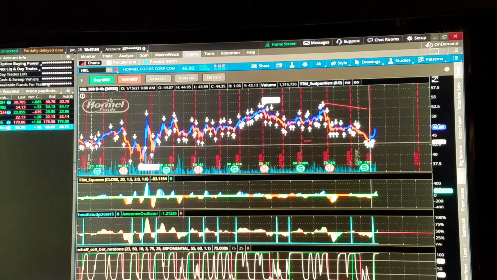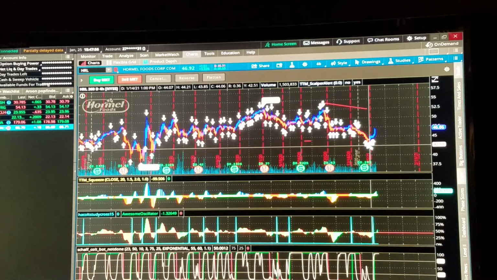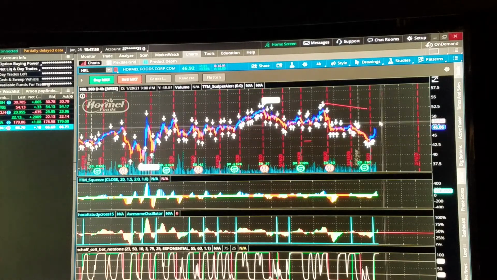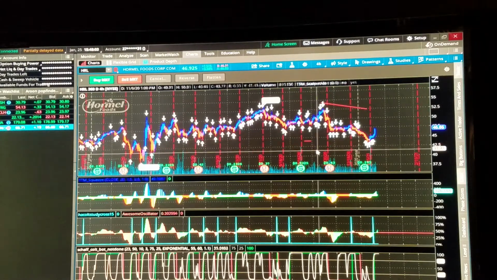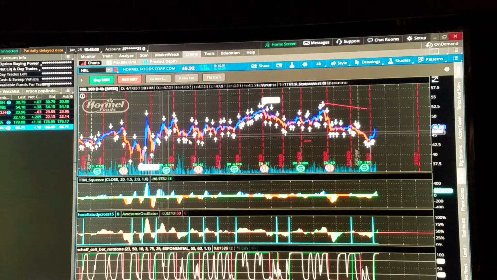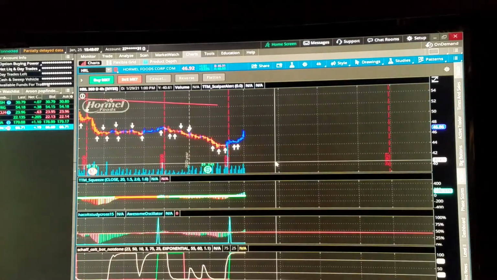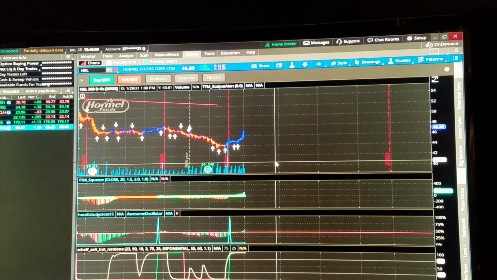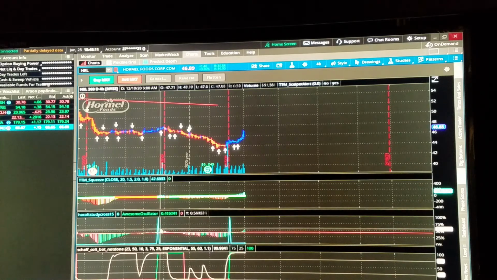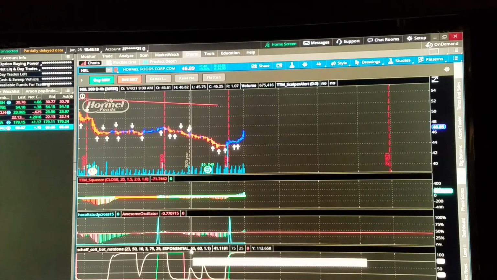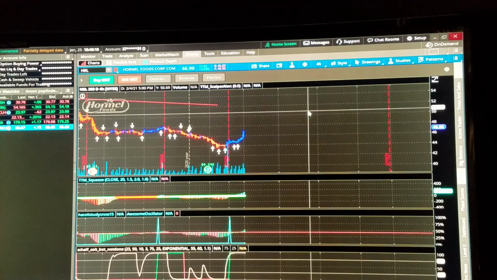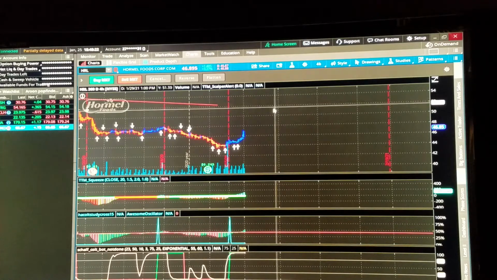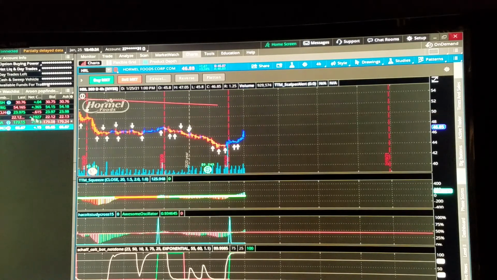Let's call 42.50 about the zero line, and she's a bit overextended. It pulled up quick, so it's probably going to pull back quick. See, this gave that false breakout, and then it pulled back quick. So it's probably going to do this pullback swoop and then start to trend on. Nothing real fancy going on there.